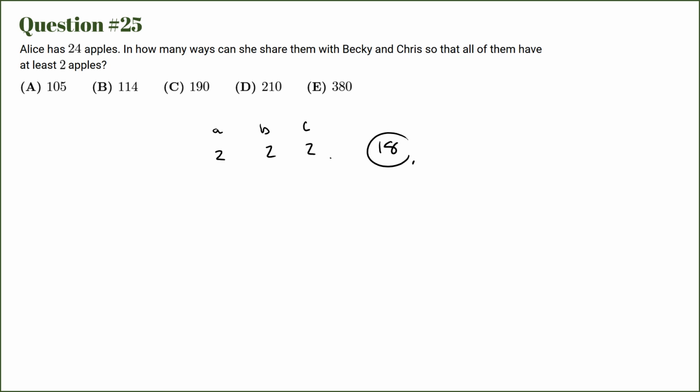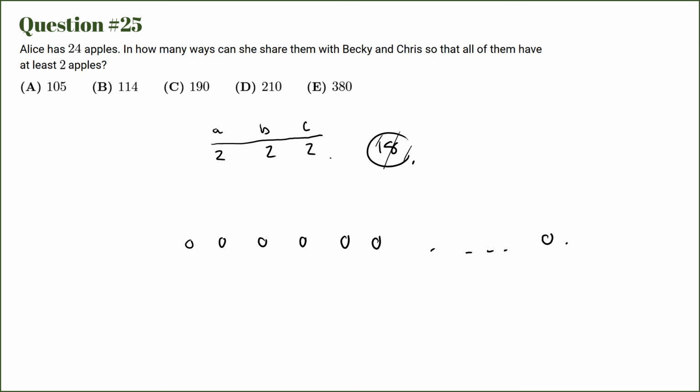So to distribute 18 apples among A, B, and C, let's sort of draw it out. So let's say there are 1, 2, 3, 4, 5, 6, all the way to 18 apples. Well, to divide all of these apples up, you would need 2 little intersections in between them to separate them into 3 parts.